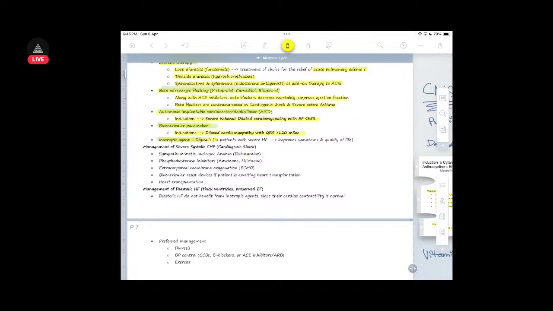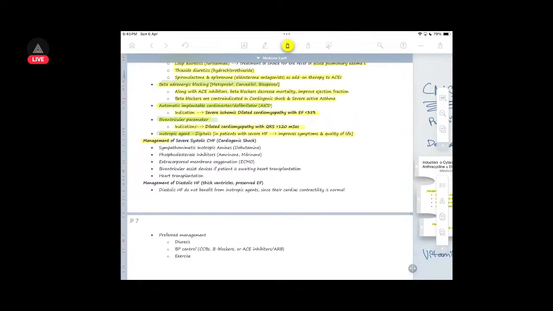Inotropic effect: digitalis in patients with severe heart failure improves symptoms and quality of life. So management of severe systolic congestive heart failure: sympathomimetic inotrope amines, which is dobutamine; phosphodiesterase inhibitors, which are amrinone and milrinone; extracorporeal membrane oxygenation, ECMO; biventricular assist device if the patient is awaiting heart transplantation.